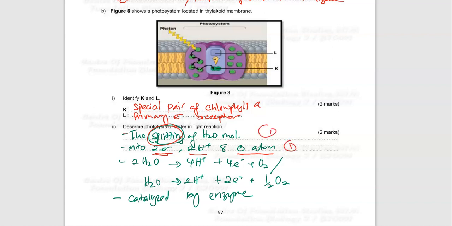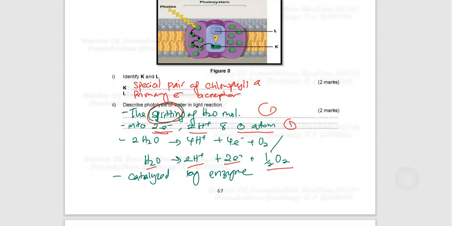Another form you can write is 2 molecules of water split into 4 hydrogen ions, 4 electrons, and also 1 molecule of oxygen. Or in another form, 1 molecule of water split into 2 hydrogen ions, 2 electrons, and half oxygen molecule.